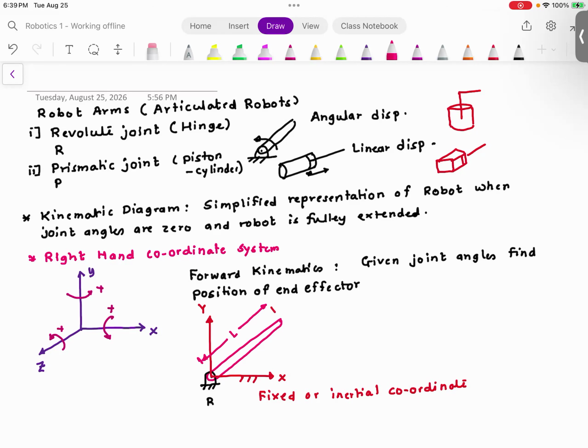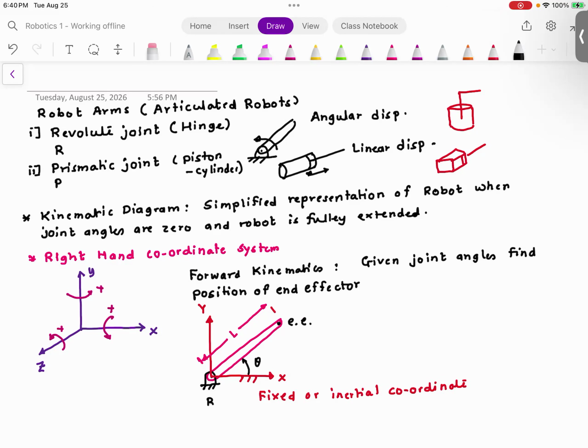Now, if I show you this rotation, do you agree with me? Curl your fingers in the direction of rotation. This rotation is in the same direction as positive Z. So this rotation, which is counterclockwise, is positive. This angle is theta. This is the end effector. So the forward kinematics is, given the value of theta, what is the position of the end effector?